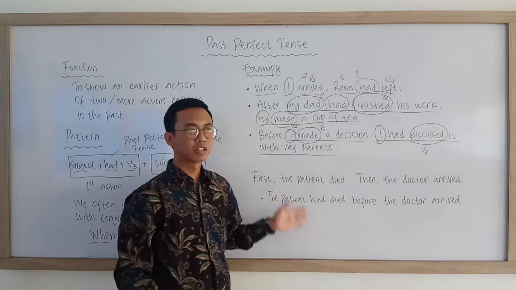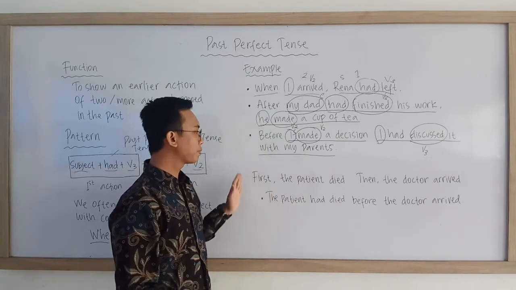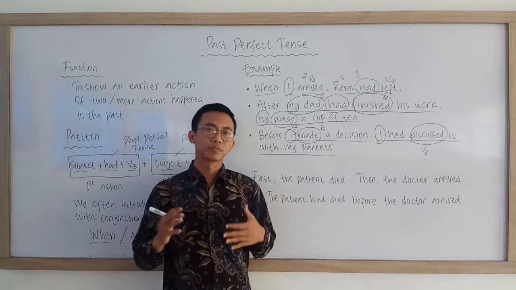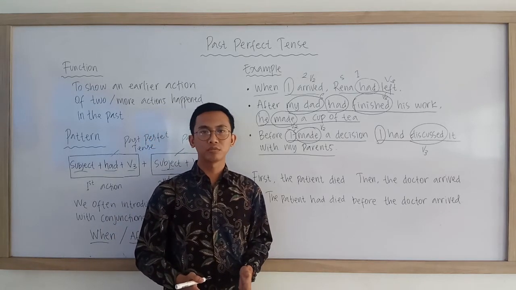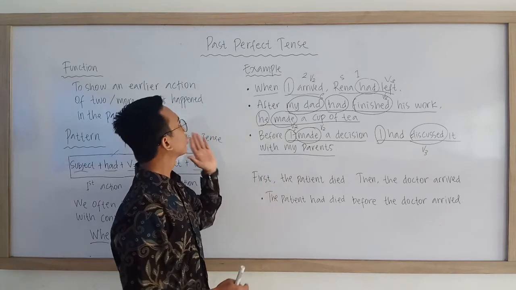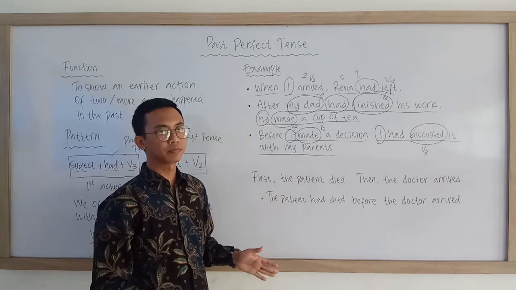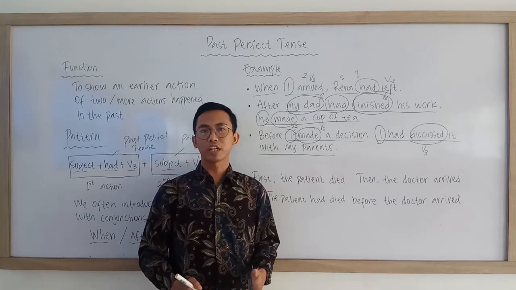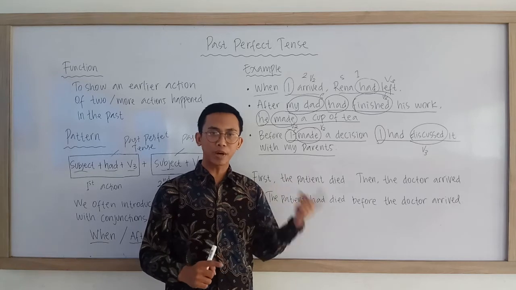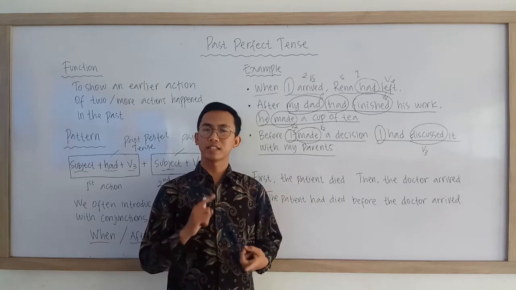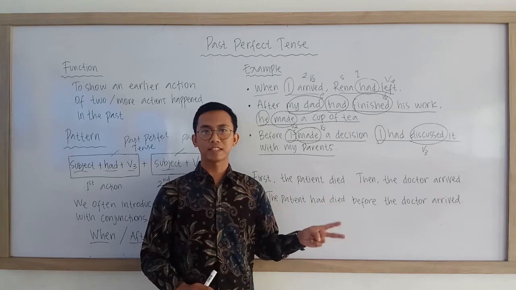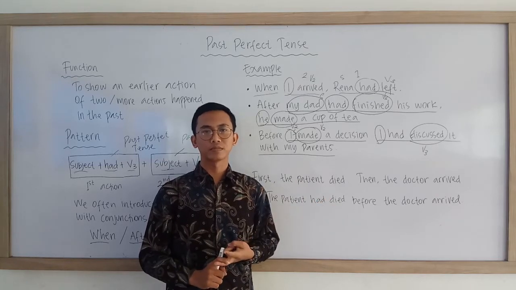So here we are, the last part of this explanation, to emphasize how to use past perfect. We are talking about two or more actions. The first action is in past perfect tense, and the second one is another form of tense, past tense.